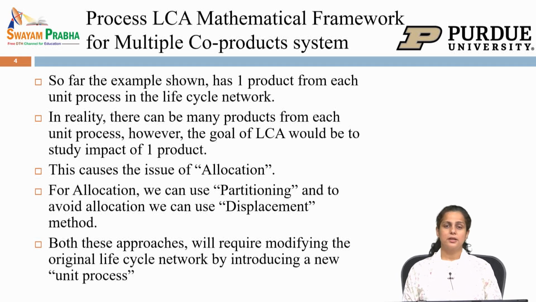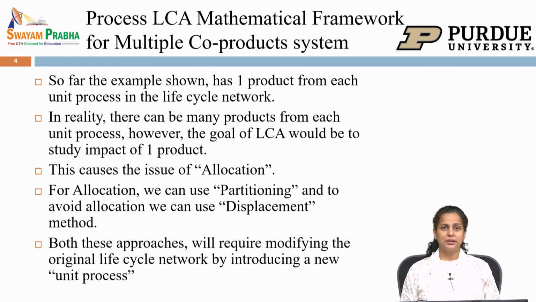We have covered the topic of allocation and the complexities of dealing with allocation in LCA systems and recycling systems in the previous module. Here we will see a simple example of applying the process network algebra in case of first avoiding allocation, where we would be using the displacement, and then the partitioning, which is a simple way forward to use allocation if we do not have detailed information to use displacement.